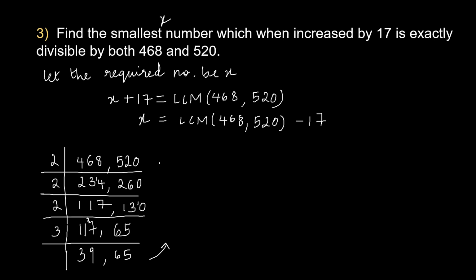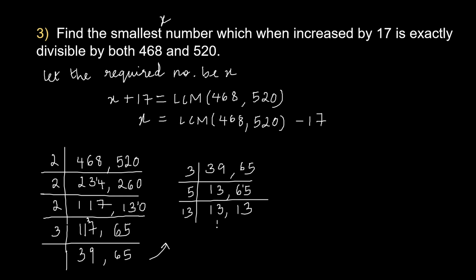So 39 and 65. 3 1s are 3, 3 3s are 9 and 65. Now 65 is divisible by 5, so keep 13 as it is. 5 1s are 5 and 5 3s are 15. So 13 1s are 13 and 13 1s are 13.